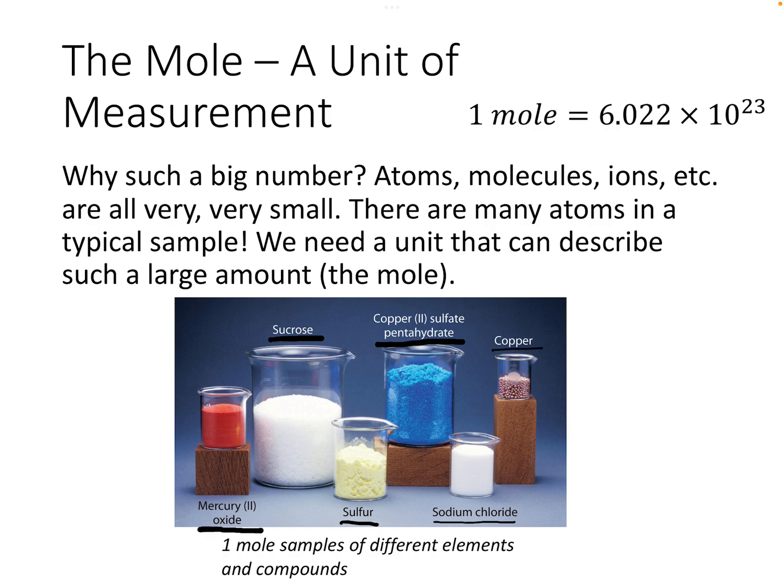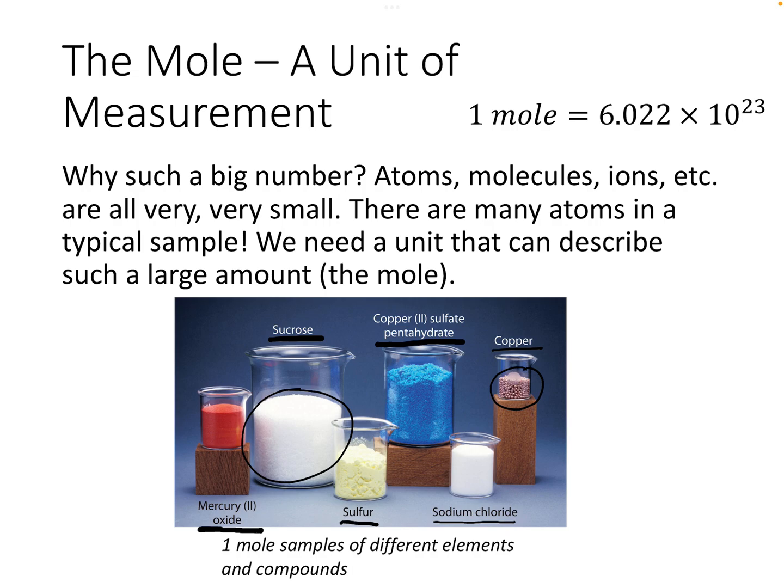Even though each of these samples contain 1 mole, so they contain 6.022 times 10 to the 23rd molecules or atoms, whatever it is, they do look very different, right? It looks like we have a smaller amount of copper compared to sucrose, for example. But there's actually the same amount if we were to actually go in and count how many of each we have. So we do have the same amount of sucrose and copper, but they're going to weigh different amounts, and that's why they look different.